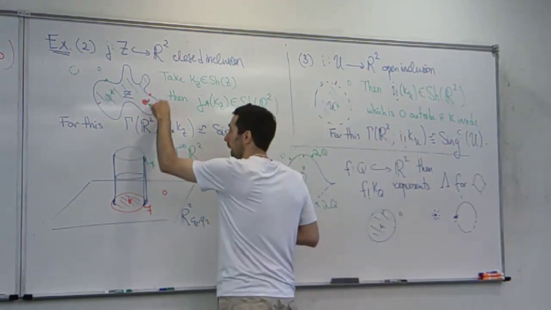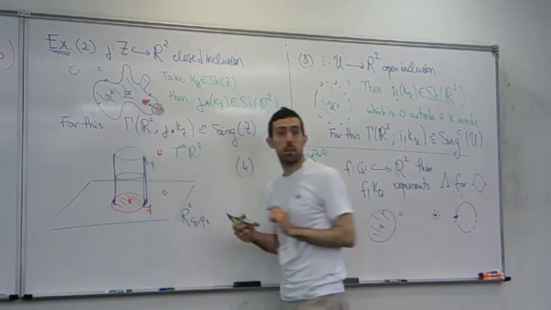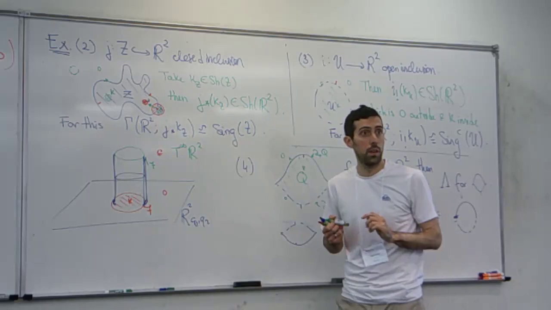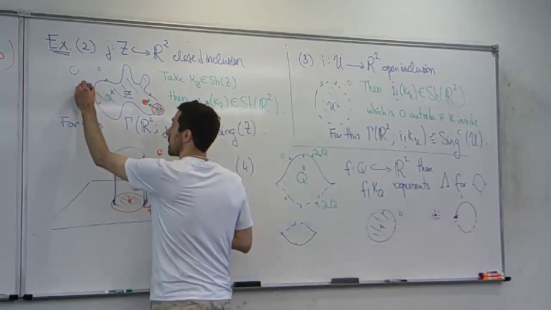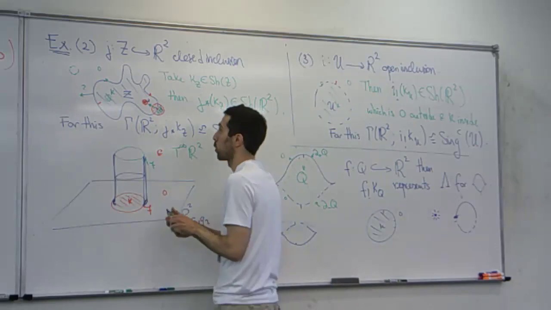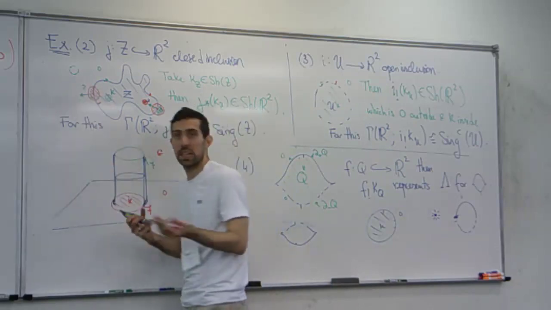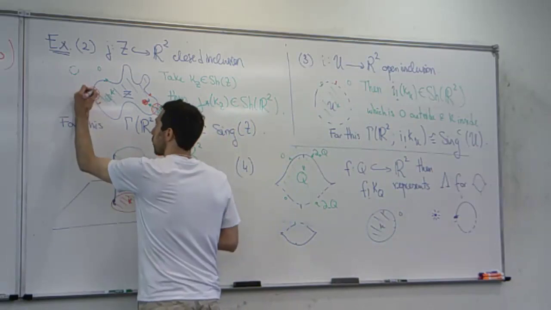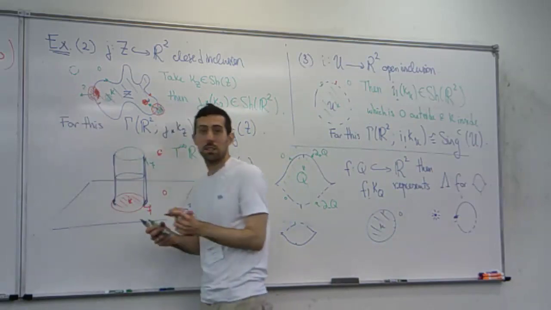Okay, so the red has a section which is k inside, 0 outside, whereas the green one doesn't have. Note that the reverse thing wouldn't work. So if I'm trying to detect whether this is in the singular support, I would have to compare sections on this neighborhood, which we know the answer is k, versus functions on this smaller neighborhood, on which the answer is also k.